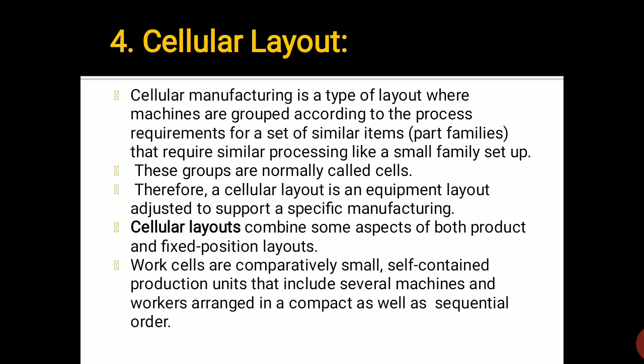These groups are normally known as cells. When you bring them together in small compartments, they become cells, and this is how it got its name, cellular layout. Therefore, a cellular layout is an equipment layout adjusted to support a small or specific manufacturing.